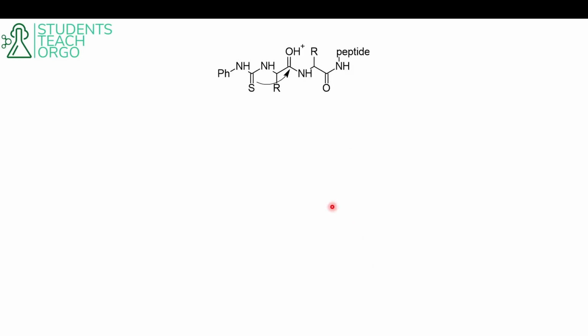So then from this point, now the sulfur is going to attack this doubly bonded carbon right here. That will facilitate ring formation, and then ultimately it will get kicked off as a leaving group. And so what we're left with is this ring here, and then our polypeptide chain, which is now 1 amino acid shorter, because this first amino acid in the chain got broken off and became part of this ring, right?